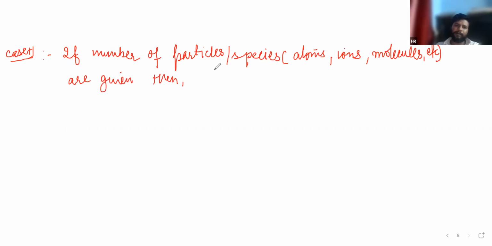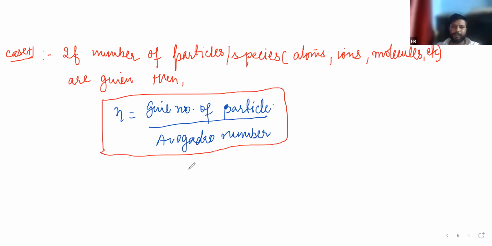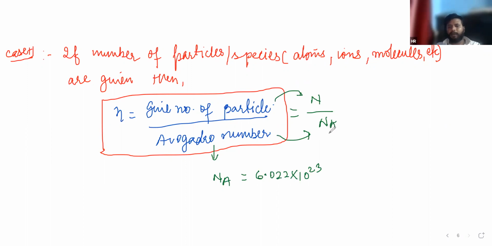Then number of moles is equal to given number of particles upon Avogadro number. And what is Avogadro number? That we already know. Avogadro number is denoted by Na. Na is equal to 6.022 into 10 raised to the power 23. We can also write it in symbol form, n equals N upon Na. N represents given number of particles, and Avogadro number is symbolized by Na.